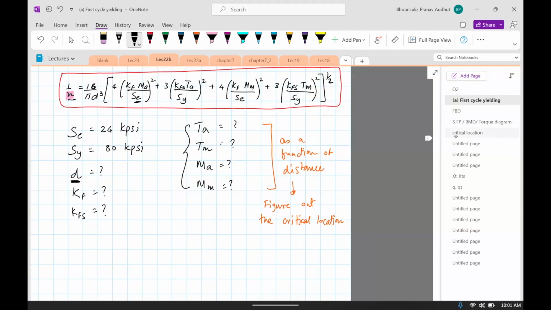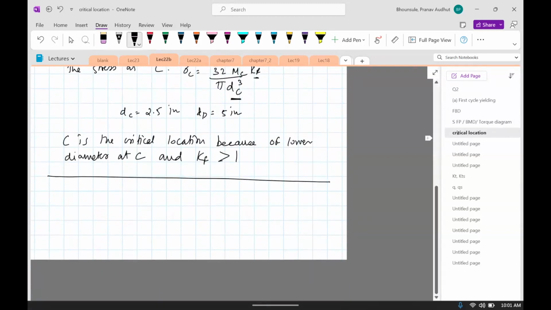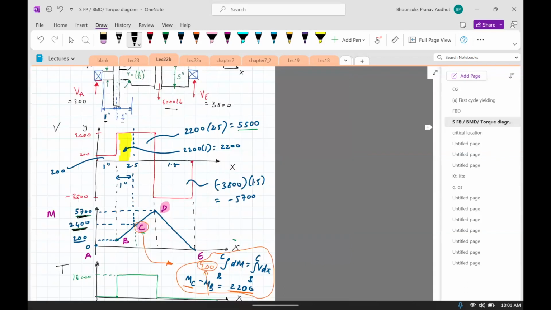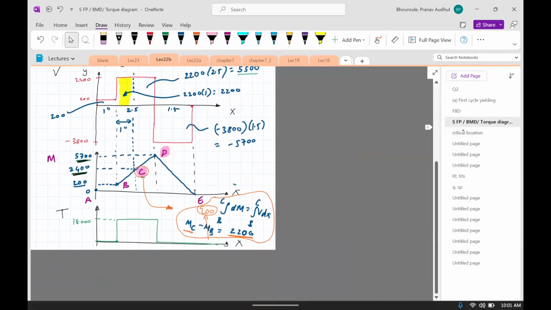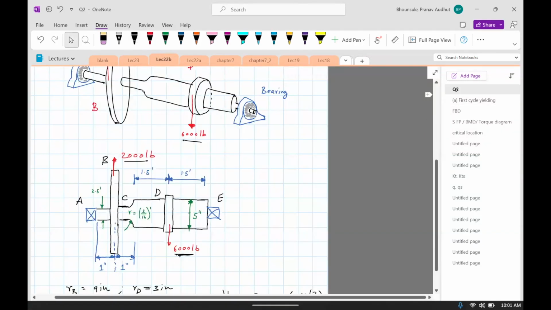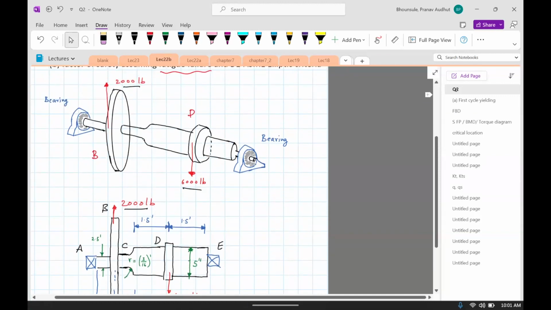So at C, we have the moment. There are two moments, MM and MA. If you go back here, we have computed M at C to be 2,400. Now, it's true that this shaft is spinning continuously, so we expect that the stress is going to be cyclic, varying between plus and minus.